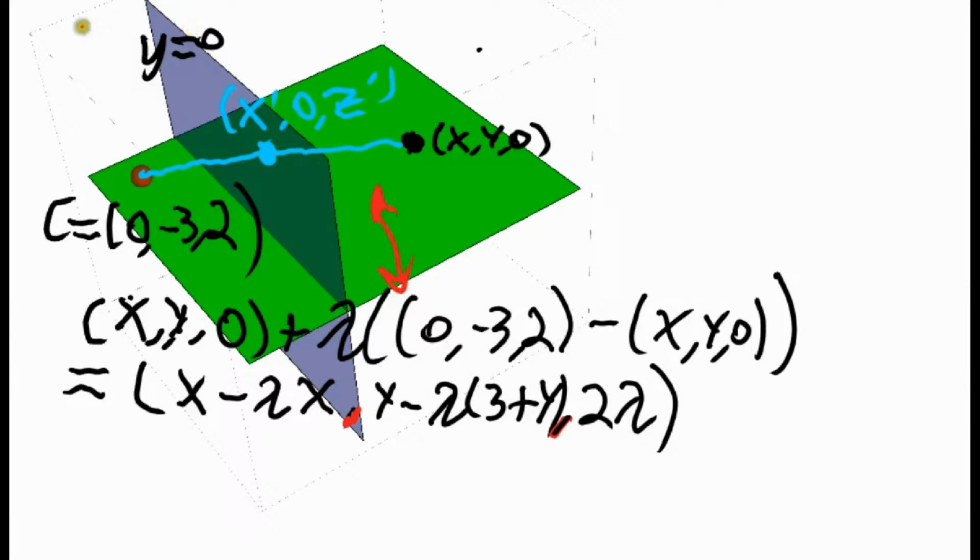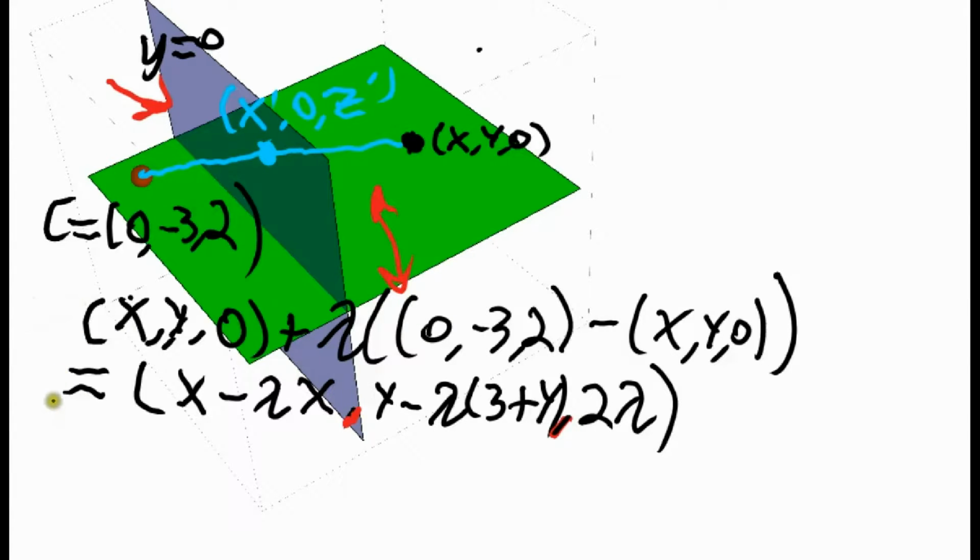Now this picture plane corresponds to the set of points which have the y coordinate equal to 0. So in order to find out where this ray pierces the picture plane, basically we just have to solve this equation and find out when the y coordinate is 0.